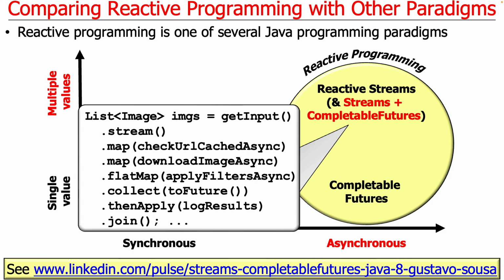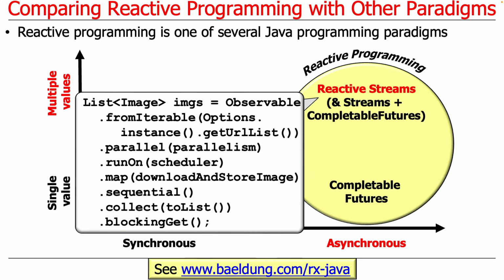But some people don't like it because it's kind of a hodgepodge of two different things that are used together. I happen to like it a lot, but I'm probably one of the few people who thinks that's great. So now we're moving into the world of multiple values, because we've got streams again, but with asynchrony. So streams plus completable futures is kind of the homebrew approach of trying to get close to reactive streams.